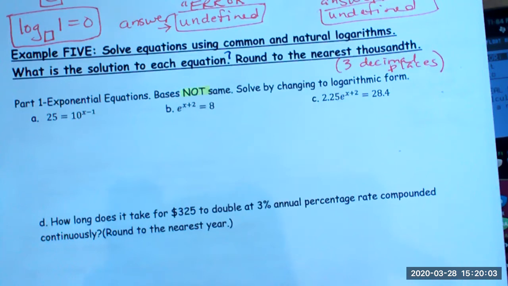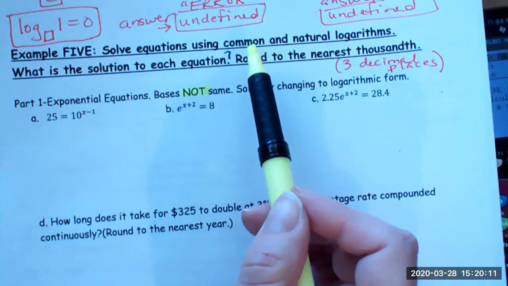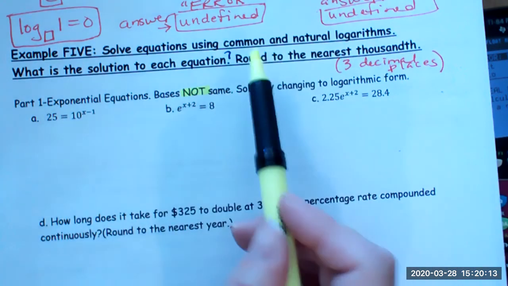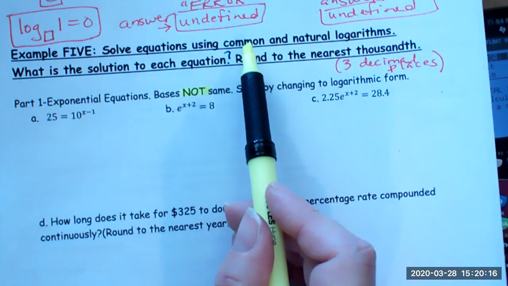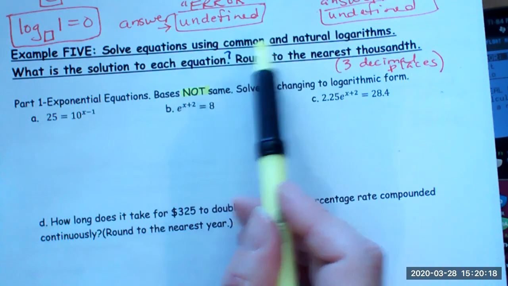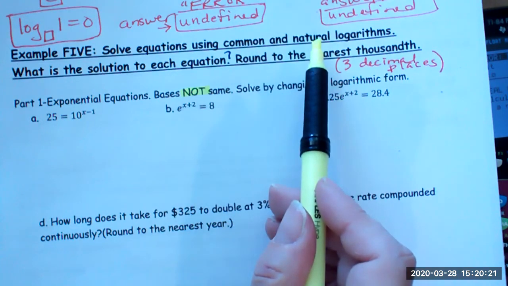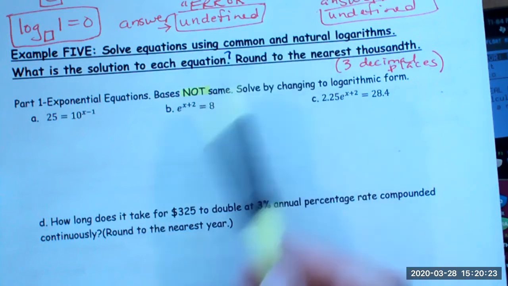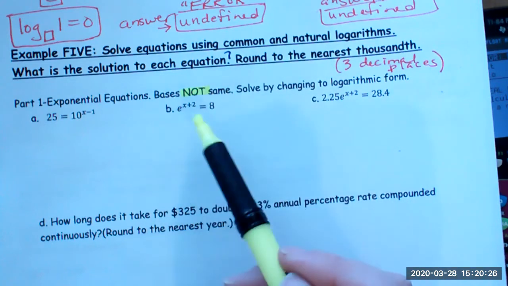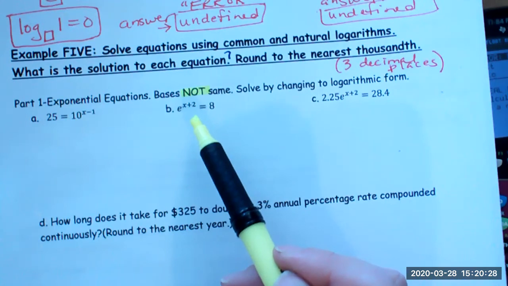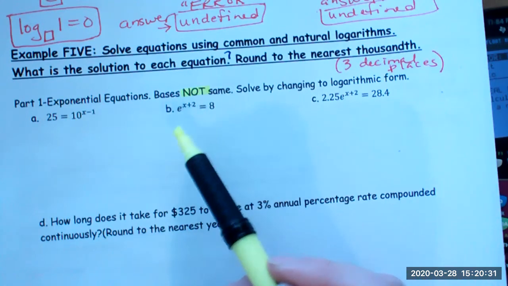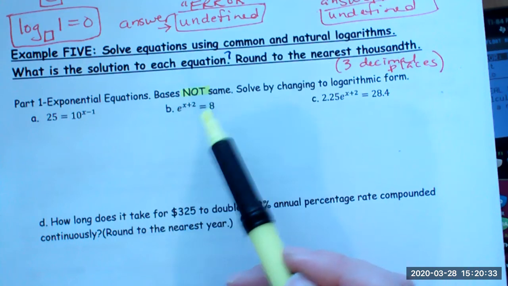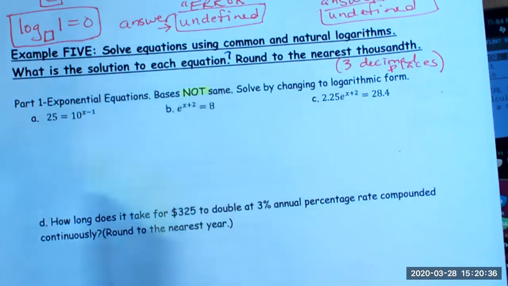In this lesson, we're going to specifically limit our equations to ones that use either common logarithms, which are the base 10 log, or natural logarithms, which are base e. Later, in a later section, we'll look at solving exponential and logarithmic equations in other bases. But here we want to use ones where we'll be able to use our calculator.